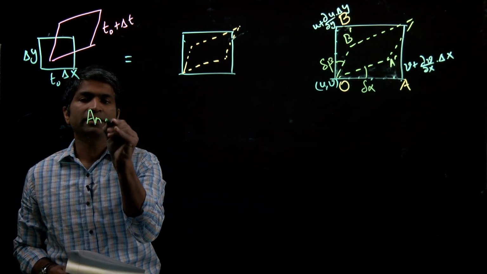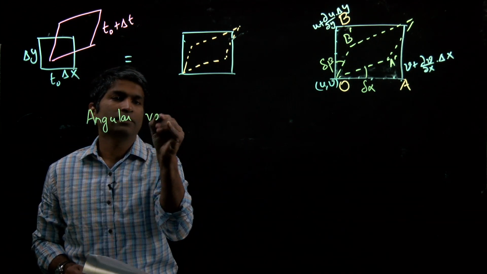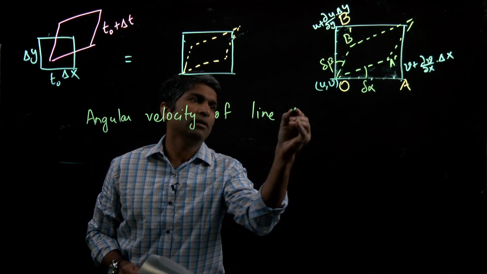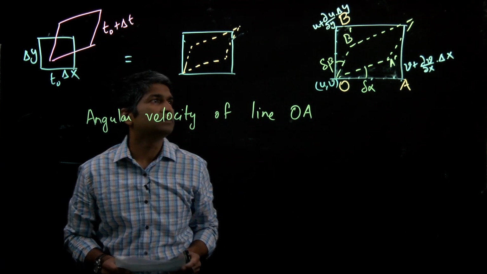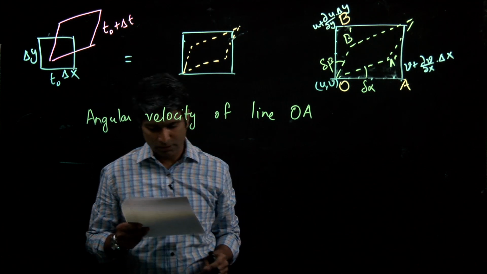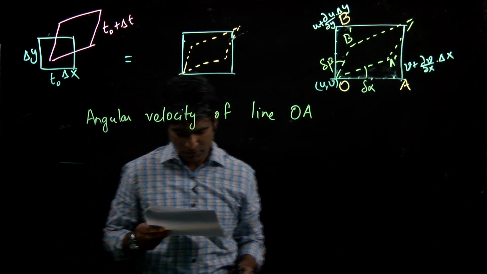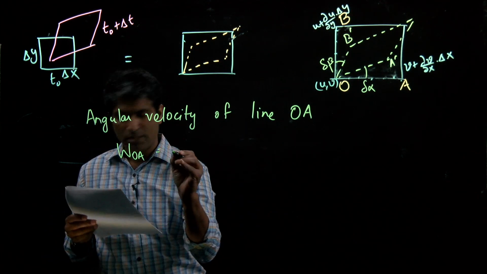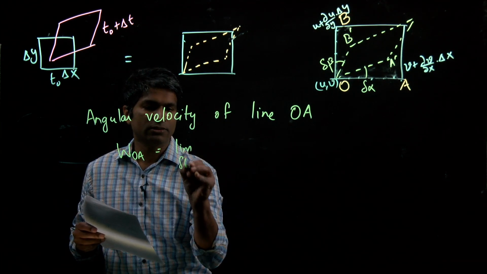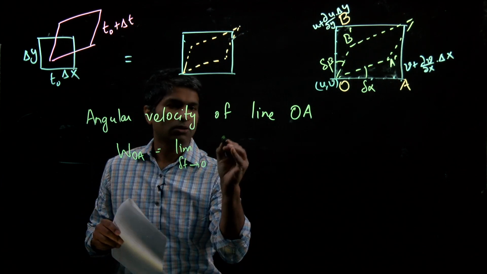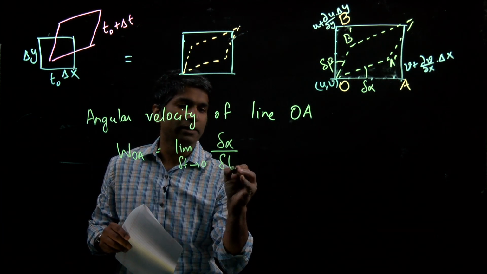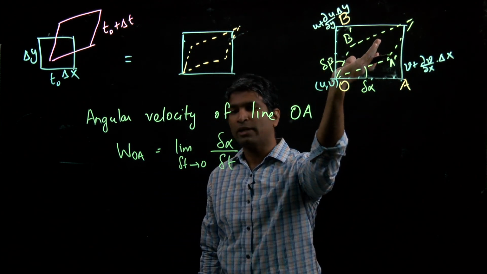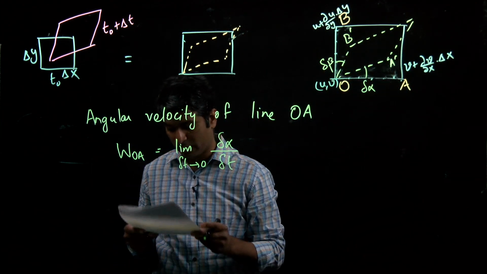Okay, so angular velocity of line OA by definition, omega OA is the limit as delta t tends to 0 of delta alpha by delta t. So that's the rate at which alpha is changing with respect to time. I take sufficiently small intervals in time.